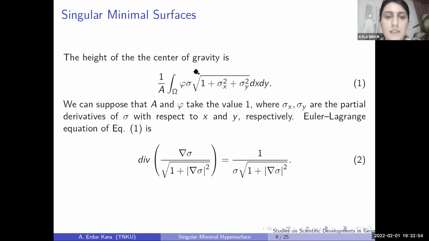The height of the center of gravity is given by equation 1. We can suppose that A and B take the value 1, where sigma_x and sigma_y are the partial derivatives of sigma with respect to x and y respectively. The Euler-Lagrange equation of equation 1 is equation 2.